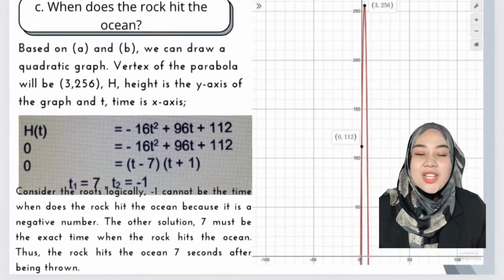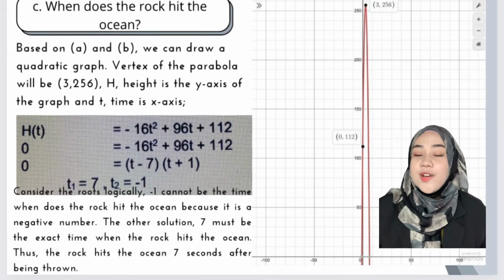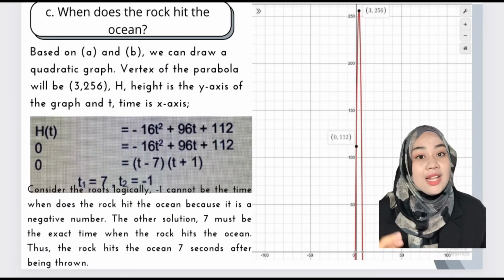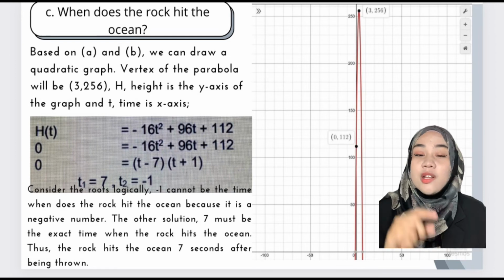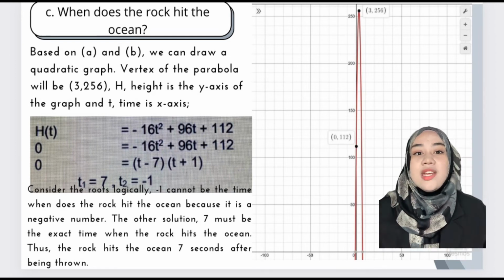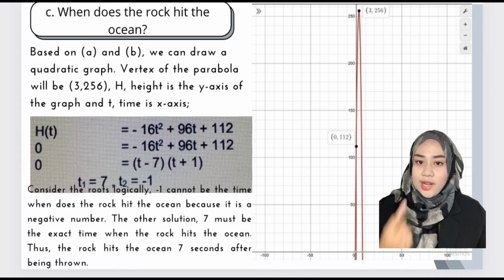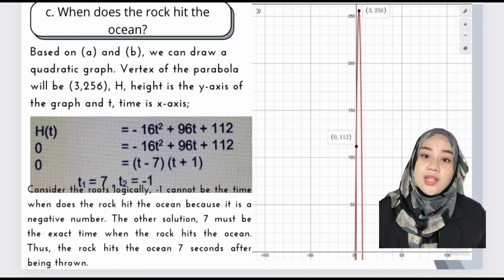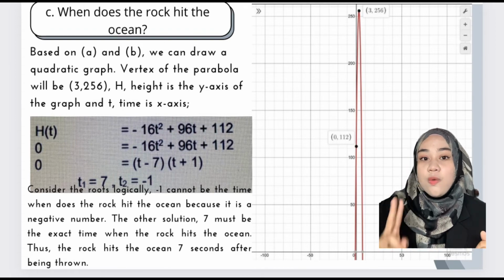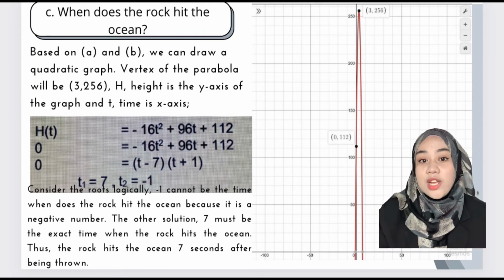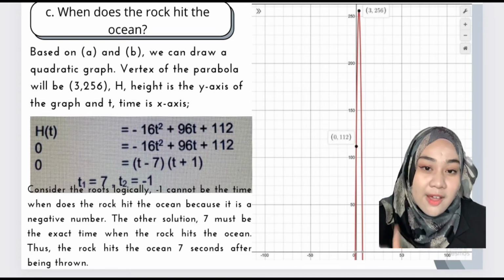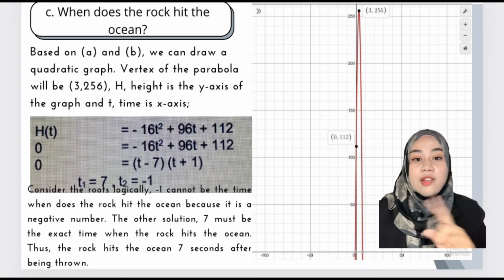Okay, for the last question, when does the rock hit the ocean? To answer this question, we need to know that the rock will hit the ocean when the height of the rock is 0. Thus, we need to find the time when h is equal to 0. We can use the factorization method. As we know, a quadratic equation will produce two values of root, and for this equation, the root or t value is t1 equals 7, t2 equals -1.